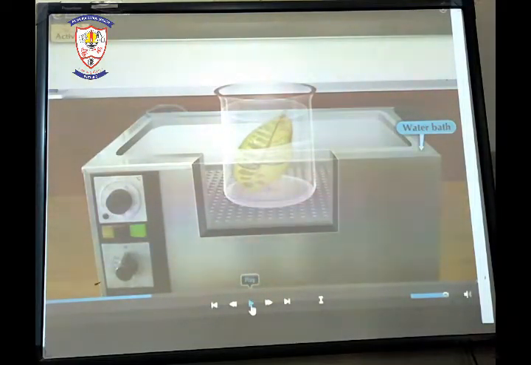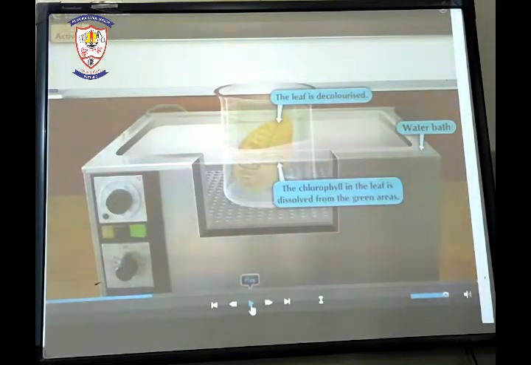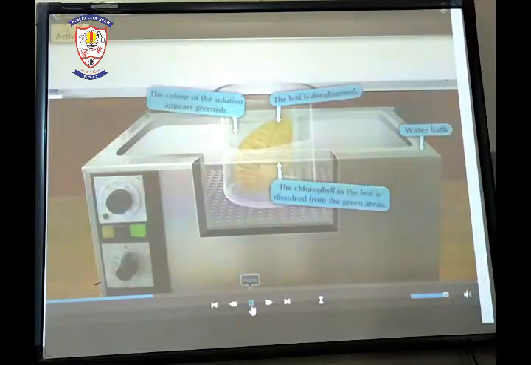Now the alcohol is heated, and due to this heat the leaf becomes decolorized. It means the chlorophyll in the leaf is dissolved from the green areas, and the color of the solution appears greenish.